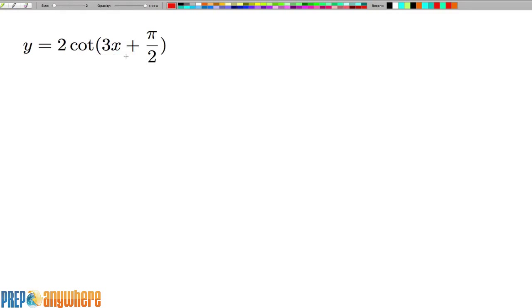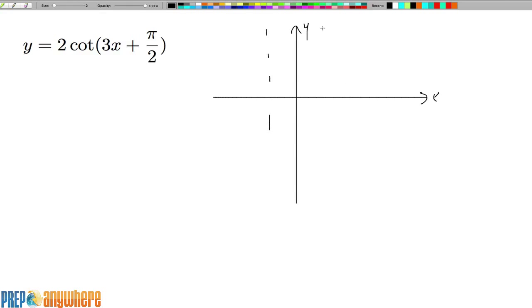Okay, cotangent. Let's first recall what the original cotangent looked like. So the tangent, just roughly, okay, I'm not going to draw a perfect picture here. Tangent looks like this. The cotangent, okay, wherever it's 0, it's going to be an asymptote now. So there'll be another 0 here.